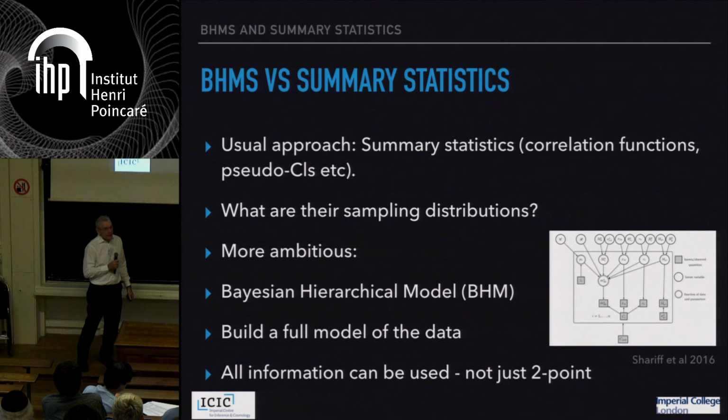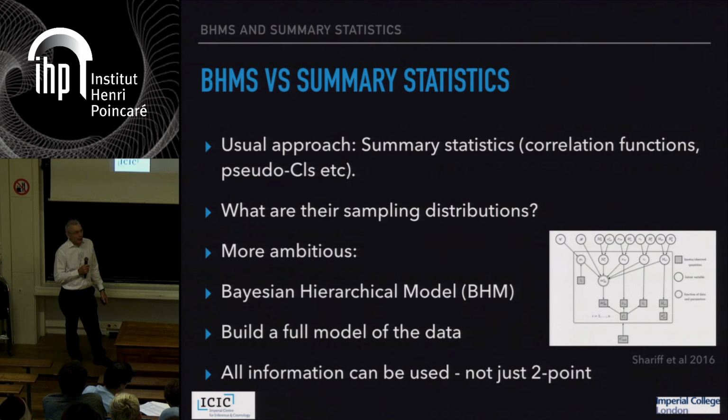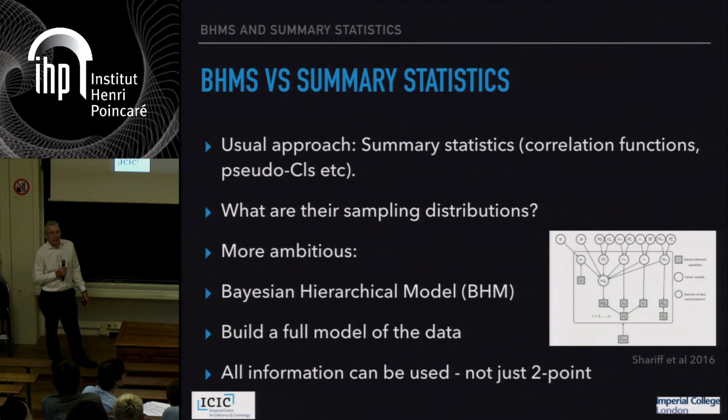And the main reason is that as we get to the era of accurate cosmology, one starts to worry about what are the distributions of the summary statistics that we're using. It's very typical to assume that they're Gaussian distributed, and then the question is, what is the right covariance matrix, and how do you get that?